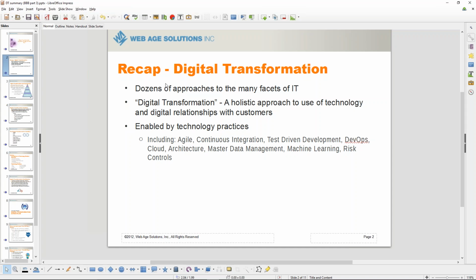The short version of digital transformation is we come in and we do some number of things that kind of fit together. Most of the time, when somebody is talking digital transformation, one of the things they're talking about is doing some form of agile transformation.